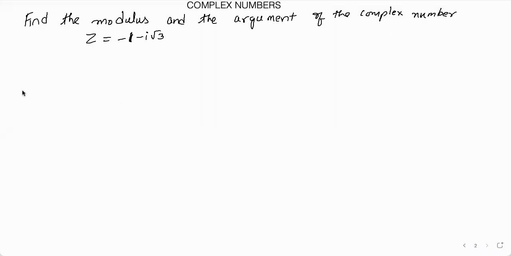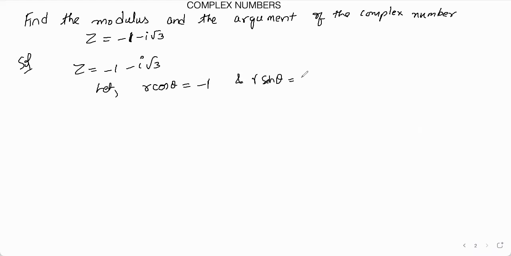Okay, let us find the modulus and the argument of z. So we have been given this, right? So let us consider that r cos theta is minus 1, and r sin theta is minus root 3.